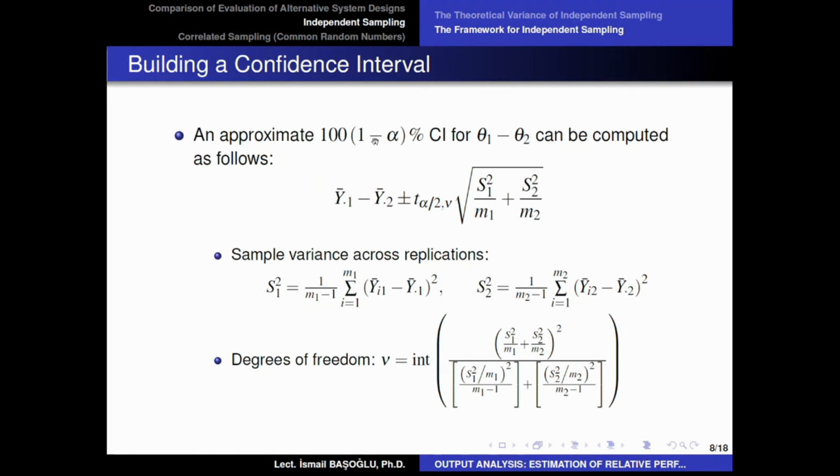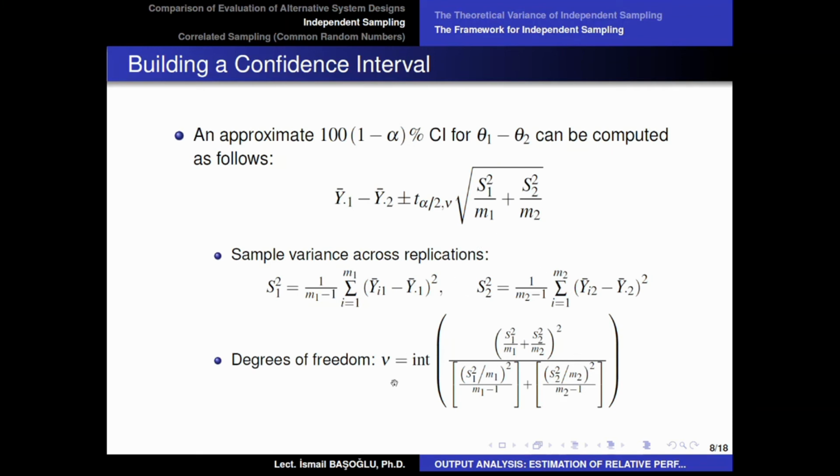Again, if you're interested in a 95% confidence interval, you need to check the 0.025 quantile for the T distribution's tail, and the degrees of freedom must be calculated with this formulation, my friends. So I know it's a very complicated formulation, it seems like, but actually it is very close to M1 plus M2 minus 2.